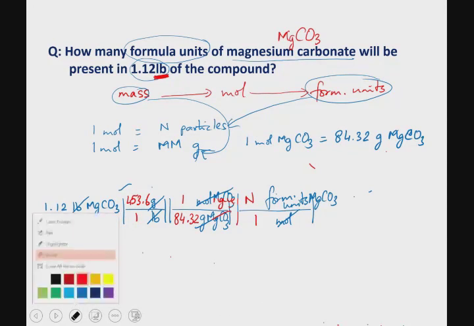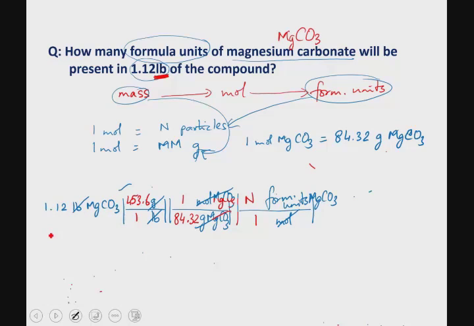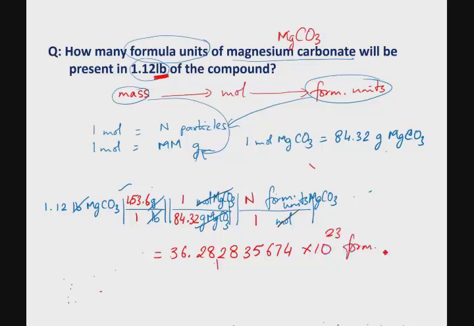Okay, so now we can go ahead and calculate using our calculator, and hopefully your answer comes out to be 376.282835674 times 10 raised to 23 formula units of magnesium carbonate.